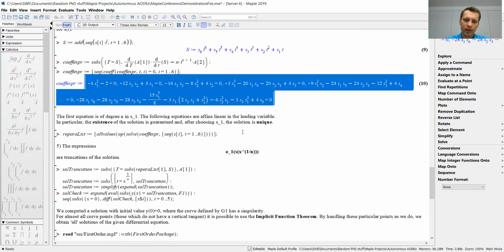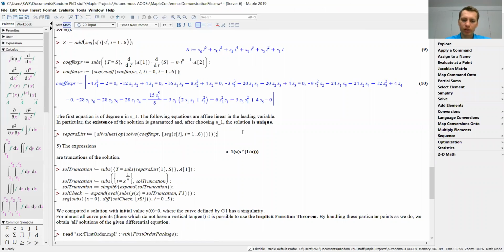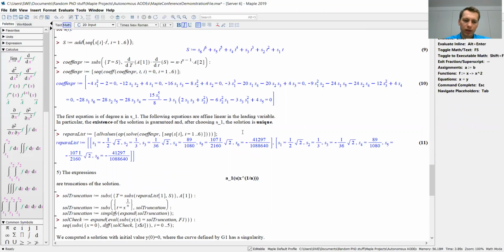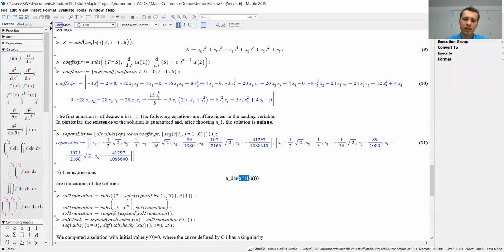So let's compute this by the solve command here. And now, after having computed this reparametrization, we can directly compute the solutions. So we take the first component of the local parametrization, plug the reparametrization in it, and then raise the x to the 1 over n.